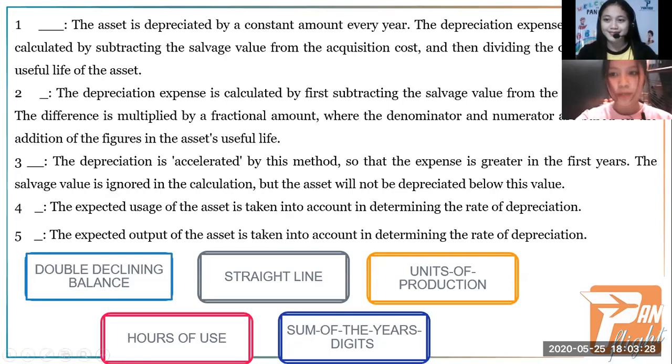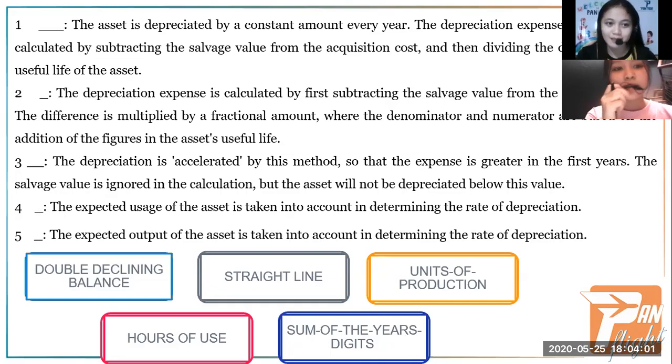Yes, I will read. The first one: the asset is depreciated by a constant amount every year. The depreciation expense for each year is calculated by subtracting the salvage value from the acquisition cost and then dividing the difference by the useful life of the asset.